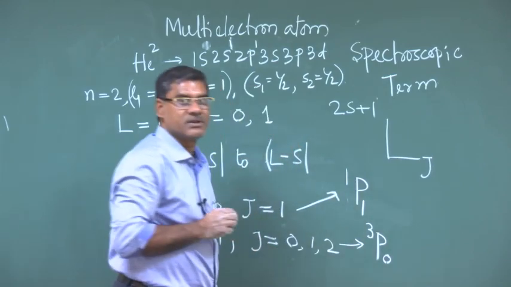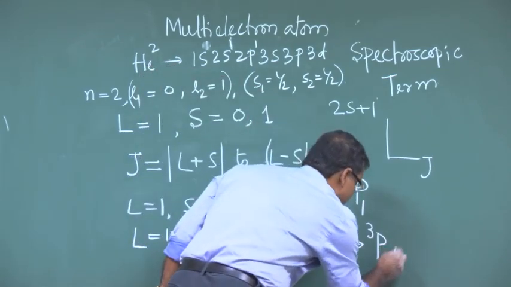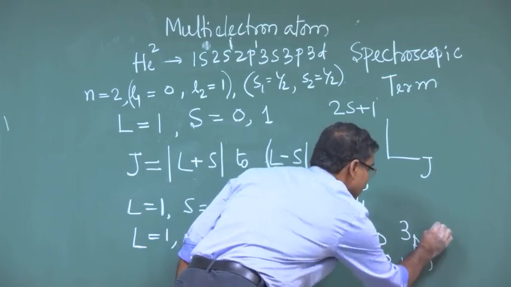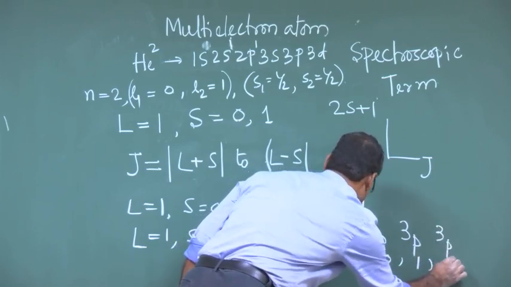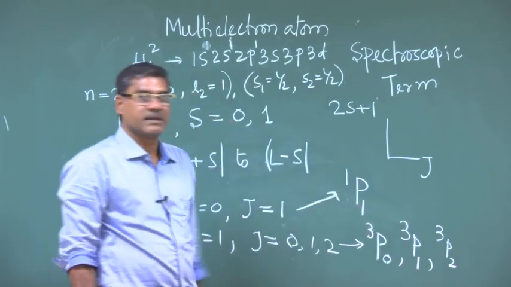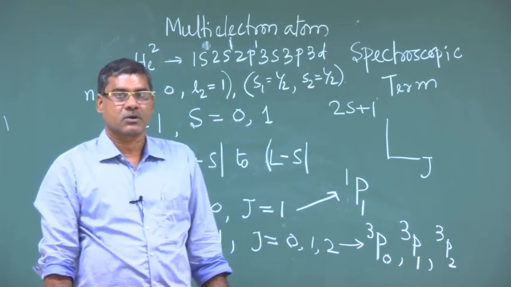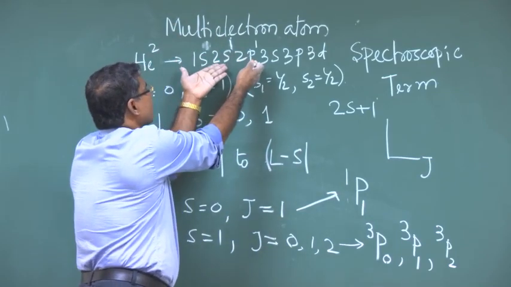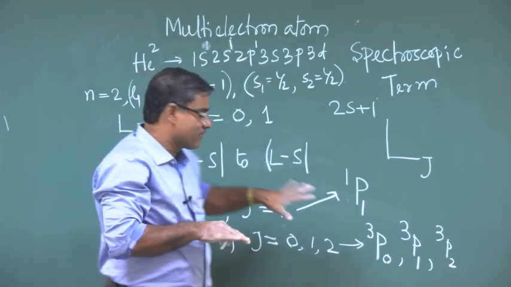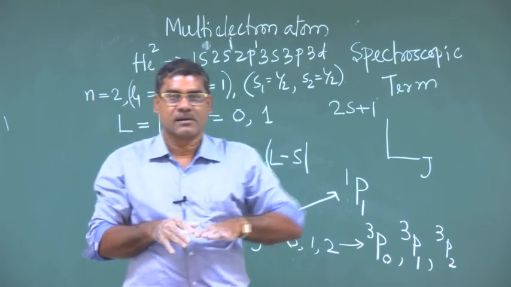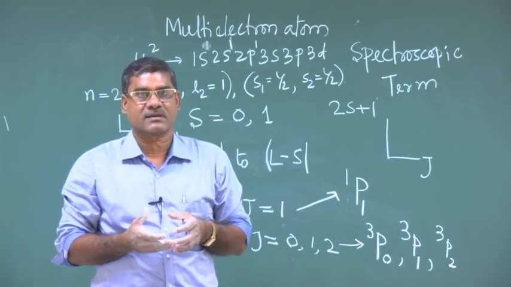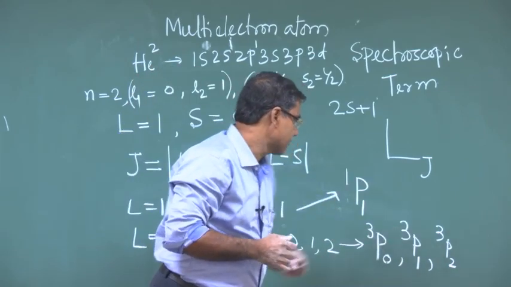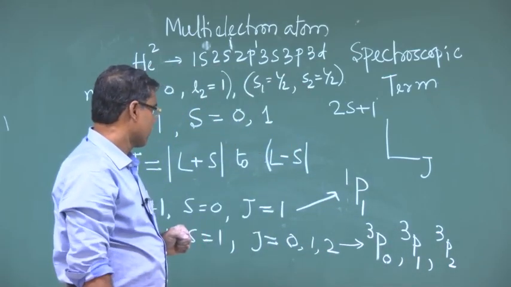So this is 3P0, another will be 3P1, another will be 3P2. So these are the spectroscopic terms. For this distribution of electrons, this atom will have 4 states, and these 4 states are these.